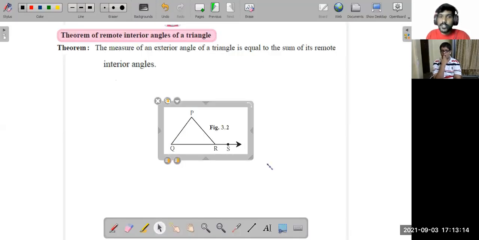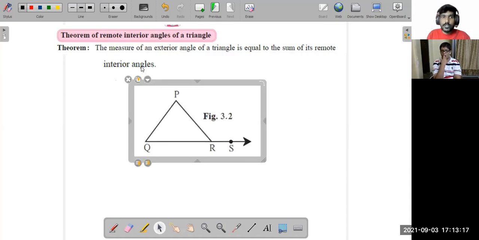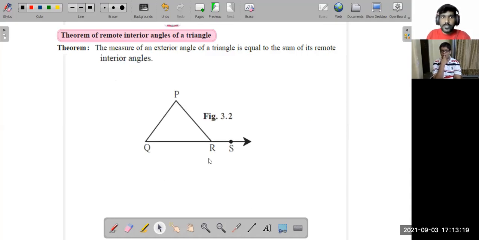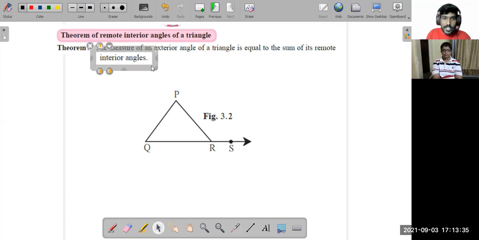This theorem says that the measure of an exterior angle is equal to the sum of its remote interior angles. In simple words, the measure of the exterior angle PRS is equal to the sum of these two interior angles.